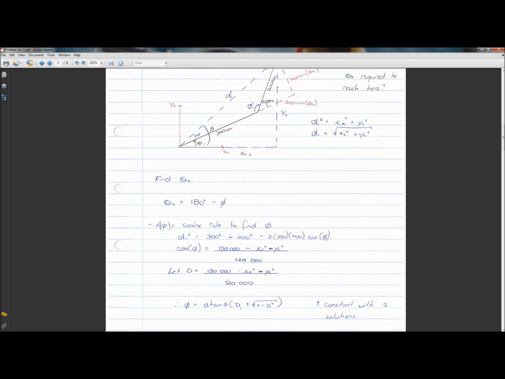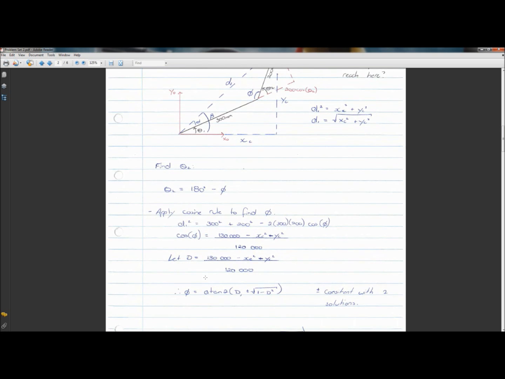I'm not going to show the proof, but phi will then be equal to atan 2 of D, opposite over adjacent: D plus or minus the square root of 1 minus D squared, where D is what I just explained before.